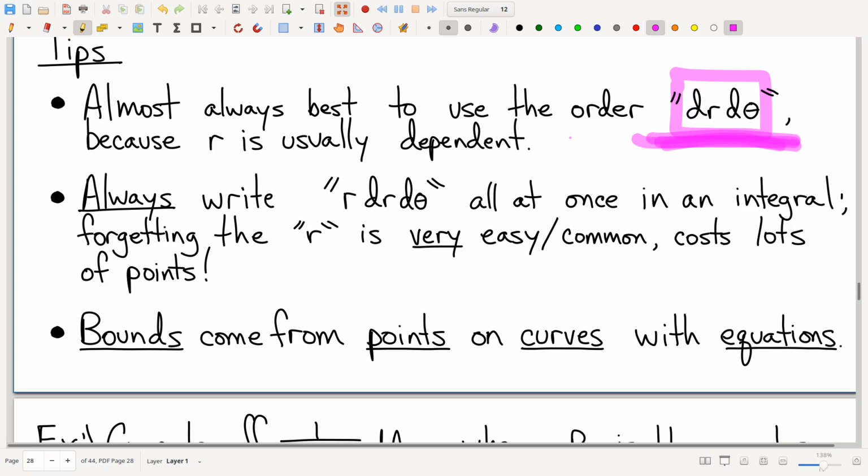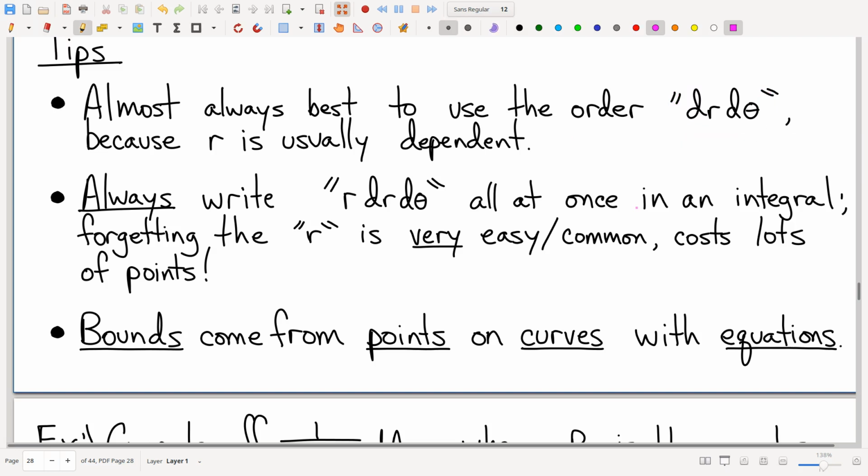I am not clear if I have ever seen a non-manufactured counterexample to this, in other words, one naturally arising in physics or engineering or anything like that. Now, I can manufacture weirdo, unnatural examples. Sure. But in the vast majority of cases, that's the choice. So I would encourage you just to assume that should be the correct order. Just always do it in that order.